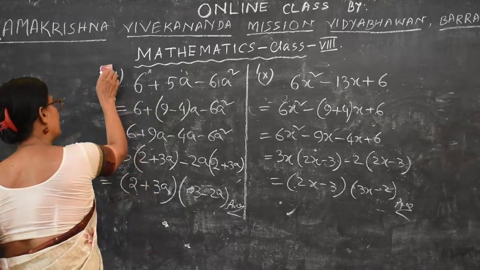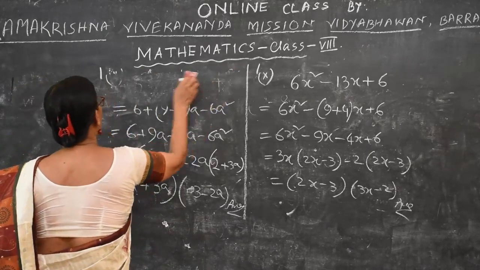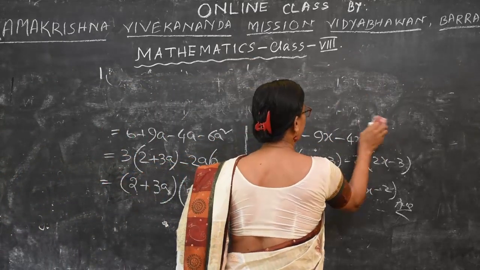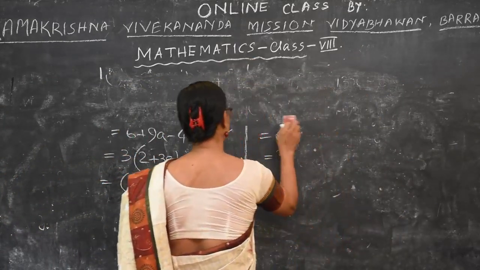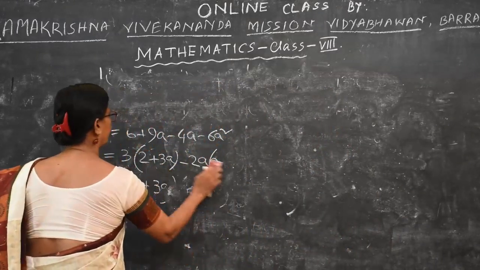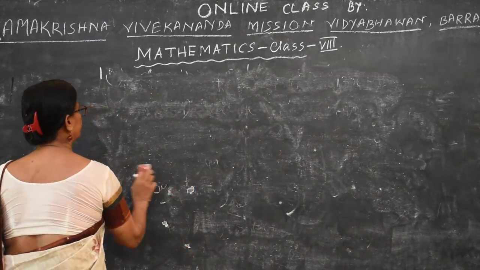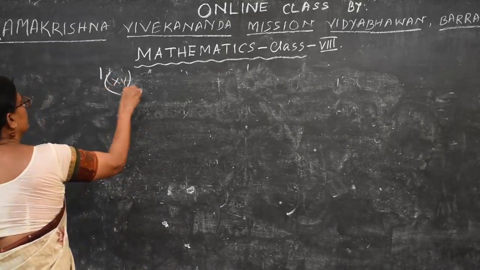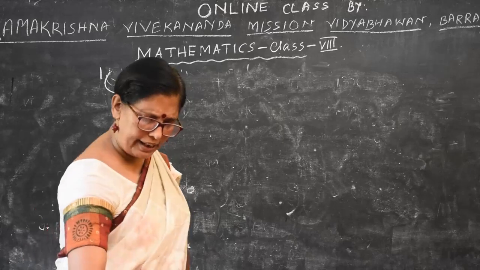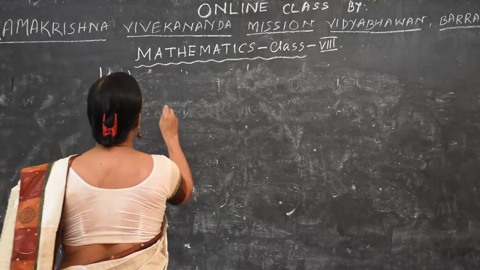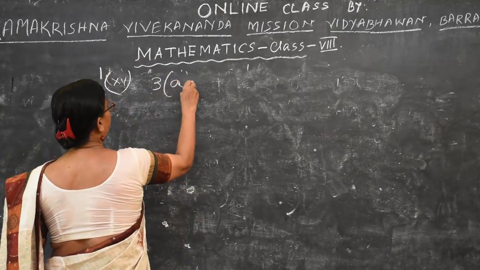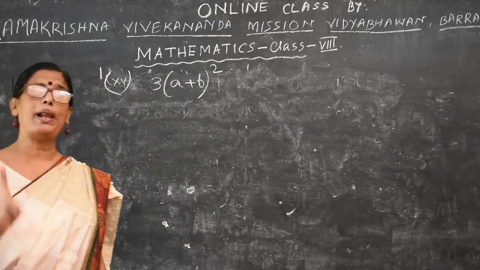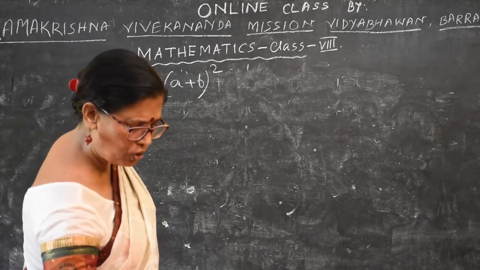15 number. It is a 13.2. 13.1 is easier than 13.2, so we concentrate on the 13.2. 15 number is 3 into a plus b whole square. Be very cautious, 3 has no square, only a plus b is squared.